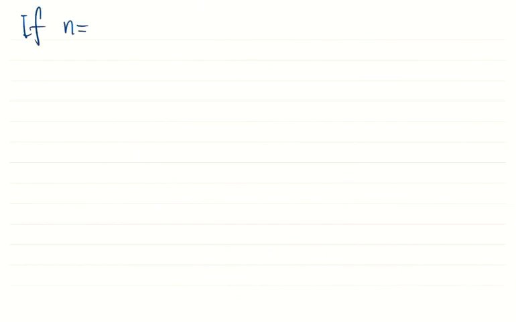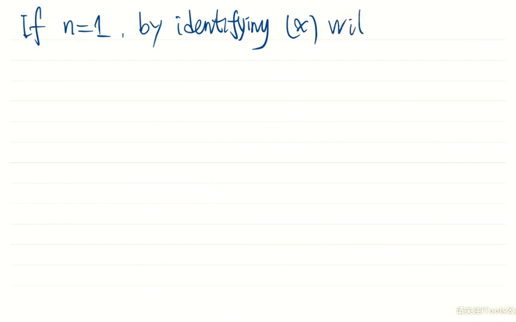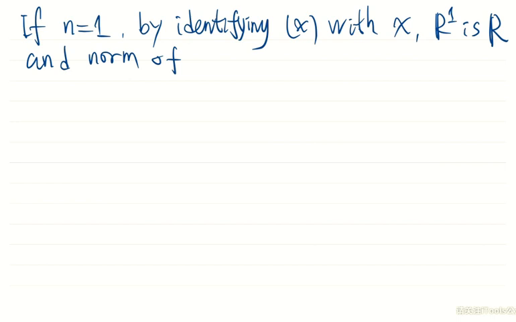If n is 1, by identifying x, R1 is exactly the real numbers R, and the norm of x, this is the norm we just introduced for the case n equal to 1.